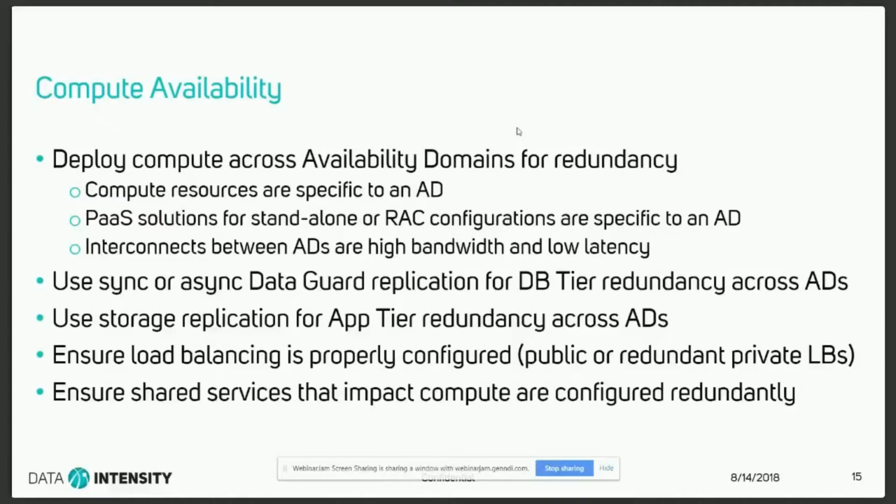And as we'll see later in the presentation, there are some trade-offs in terms of manageability versus availability when it comes to storage. You need to ensure that your load balancing is properly configured. There's several different options for load balancing configs that we'll talk about later, including public or redundant private load balancers. And then also making sure that any shared services that you have in your environment are also configured redundantly across availability domains.